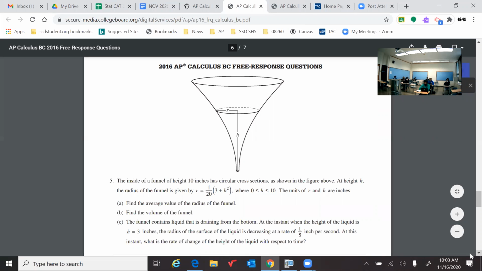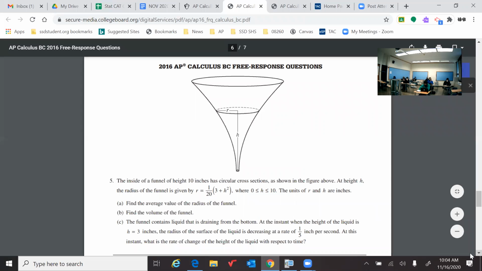You have this funnel, the height is 10 inches, and it has a circular cross section. The radius can be determined as a function of the height between 0 and 10. Part A, find the average value of the radius of the funnel.